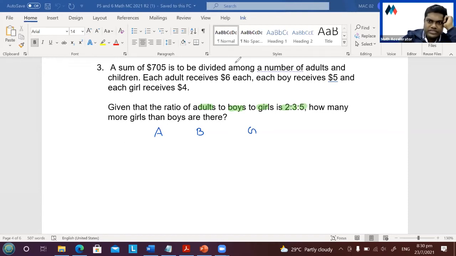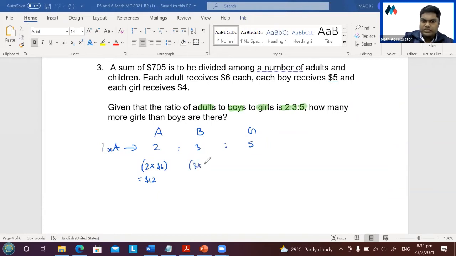Okay, so create your first set. So adult has 2, boys is 3, and girls are 5. So now go and create the value of one set. Okay, so for adults, it's 2 times $6. They'll give you $12. So boys, each boy is $5, right?